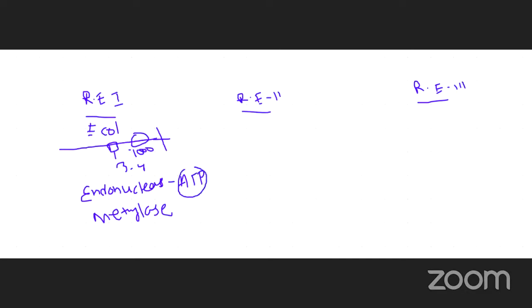And the type 1 restriction enzyme has three subunits.